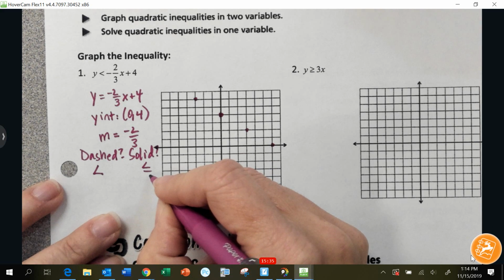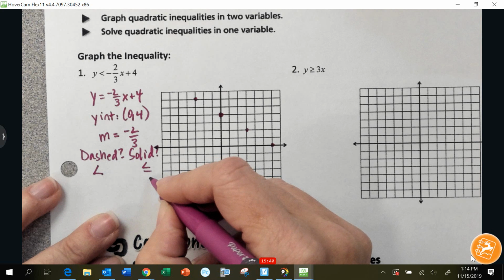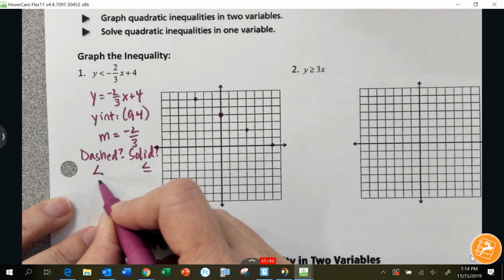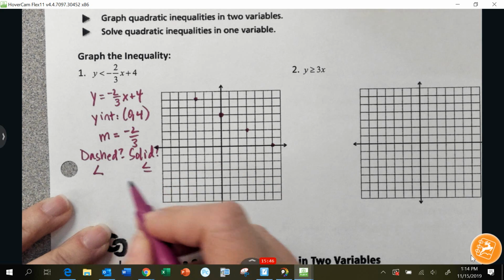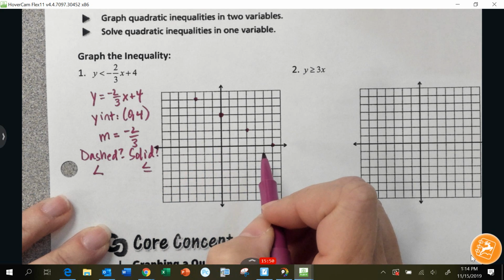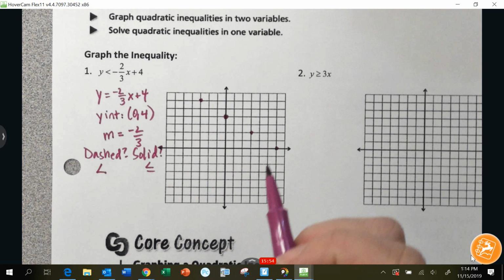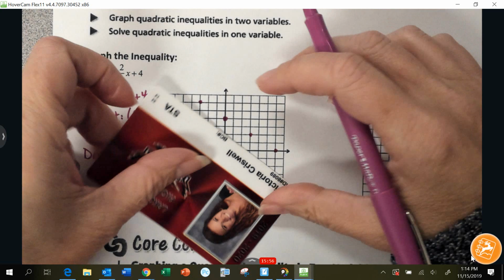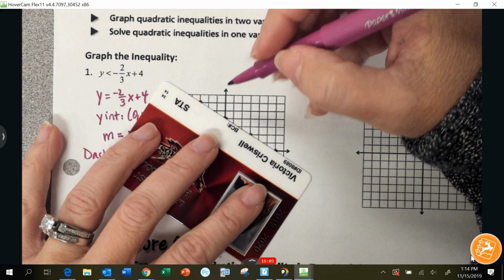If there's a line under your little inequality, then it is a solid line. If there's not a line under the inequality, then it is dashed. Because this is kind of going to be a border for all of the solutions, but it actually isn't a solution. It's not equal to. It is everything less than. So I'm going to use my handy straight edge that I keep with me everywhere I go.